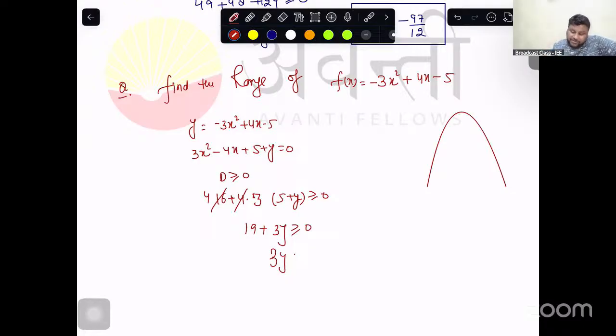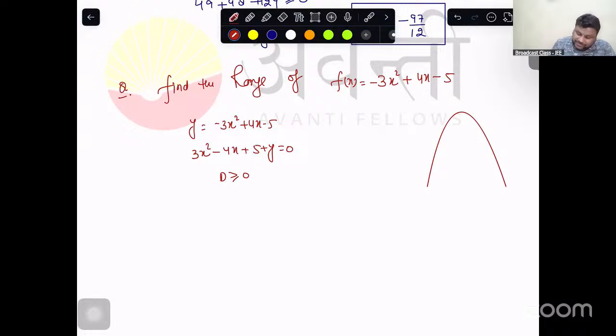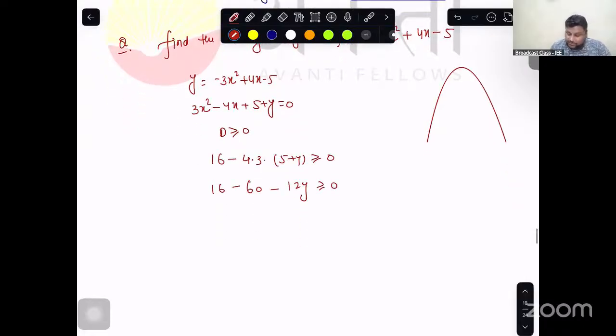Okay, I have already managed it. D is more than or equal to 0. So 16 minus 4, a is 3, c is 5 plus y, more than or equal to 0. So 16 minus 60 minus 12y more than or equal to 0.